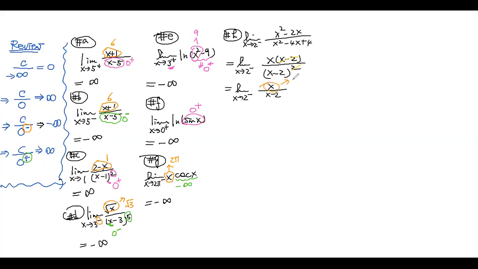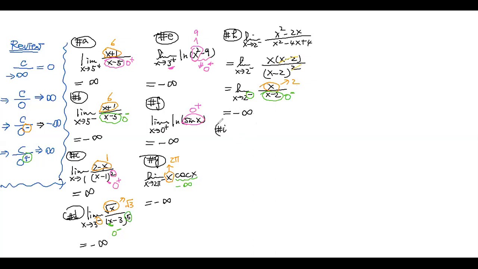This will approach a constant here. Now they say x approaches 2 from the left-hand side. That means the x value is always less than 2. So what is this number approaching here? It approaches 0 from the left-hand side. So, from the left-hand side of 0, what is the limit? Negative infinity, right?